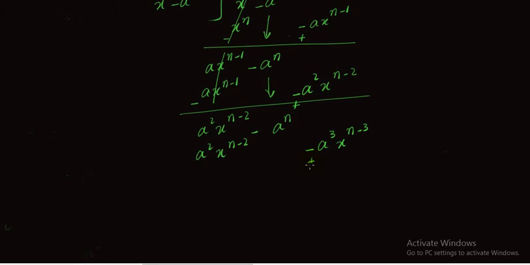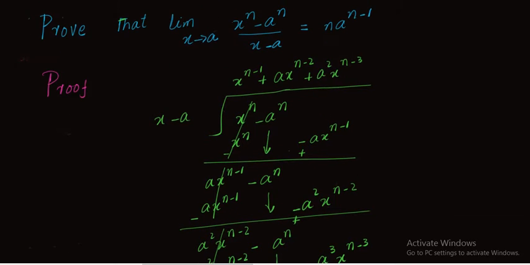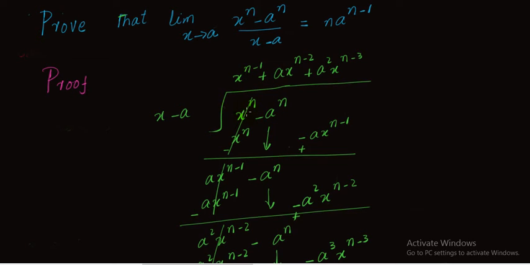Again we change sign, plus minus, we cancel these two terms and we rearrange these terms and get a^3 x^(n-3), and again we take this term down, -a^n. As the value of n is not given, this process continues until we get a remainder equal to 0.